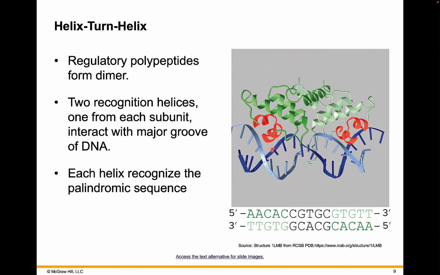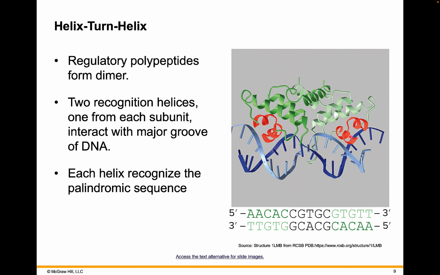Then you have a gap. Then you have another sequence on the other strand, which is also AACAC, and that is recognized by the other side. On the other hand, here you can see that this is also binding to this region, where one of them will recognize this TTGTG in the 3' to 5' strand.